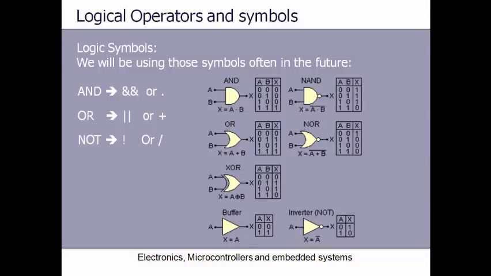And here we have the symbols of the gates, what we will use in electronic circuits. So we have the AND, and here the result it gives. So it gives a true state only when both conditions are true. OR will be true if only one of the conditions is true.